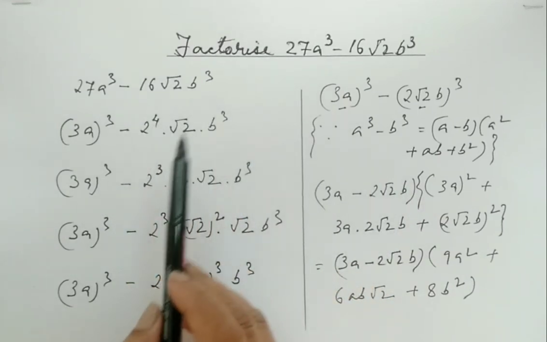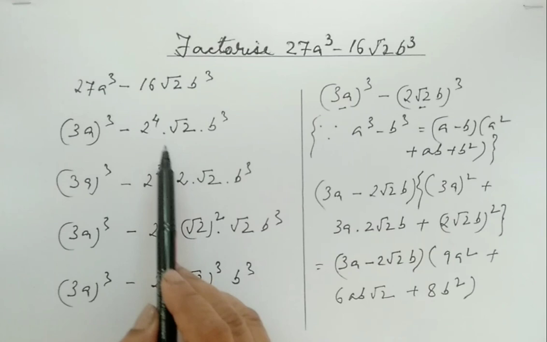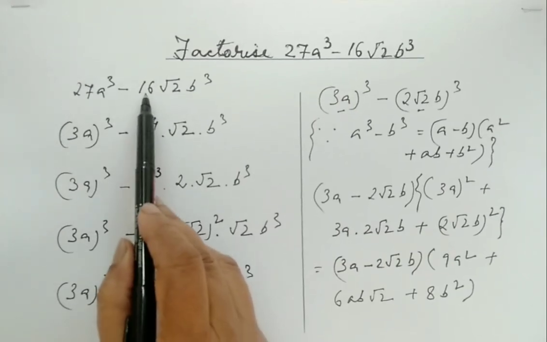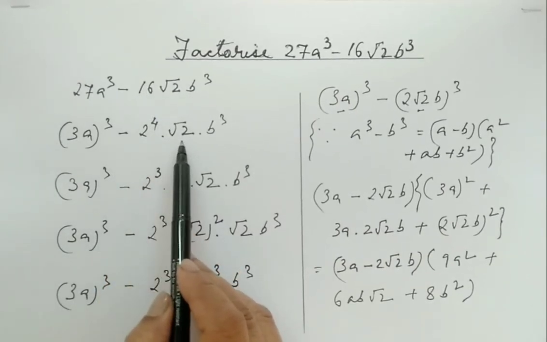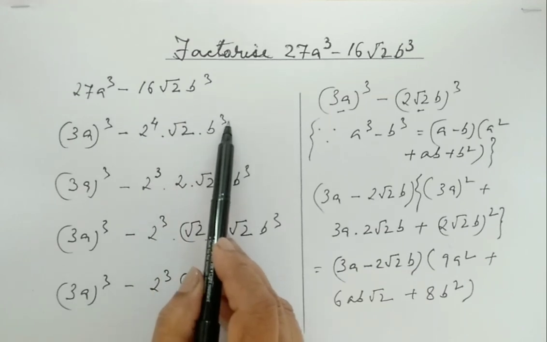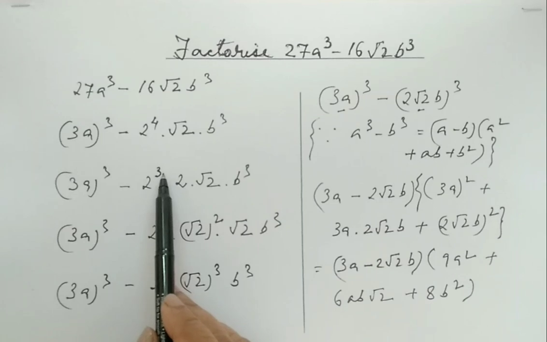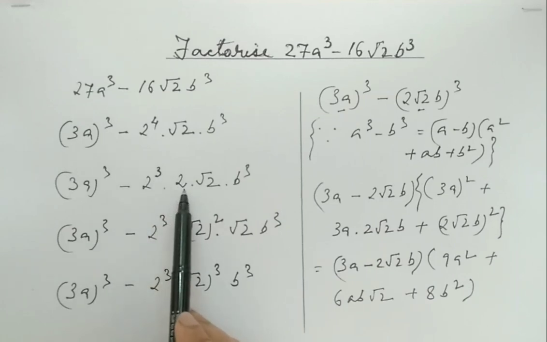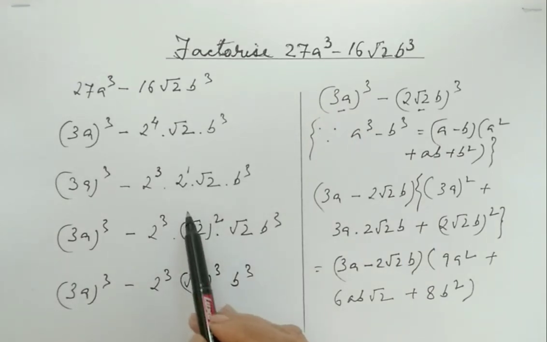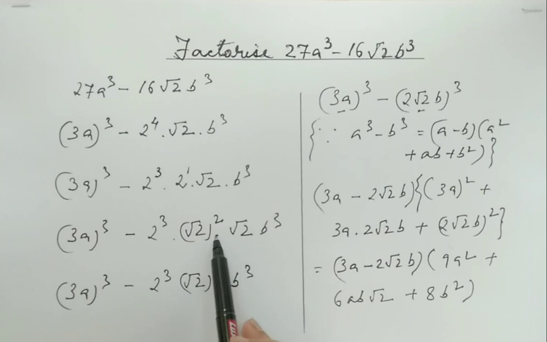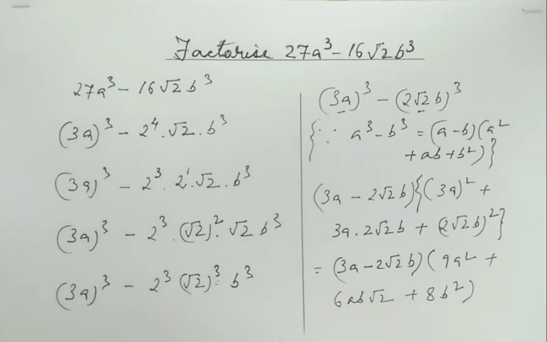So to do that, we need to convert particularly this to 2 to the power 4 and then root 2 and b cube. Eventually, we segregate 2 to the power 3 and bring out 2 to the power 1 separate. Why do we do this? Because we want to convert this into a square so that we are able to club up with this and get our cube. Correct?